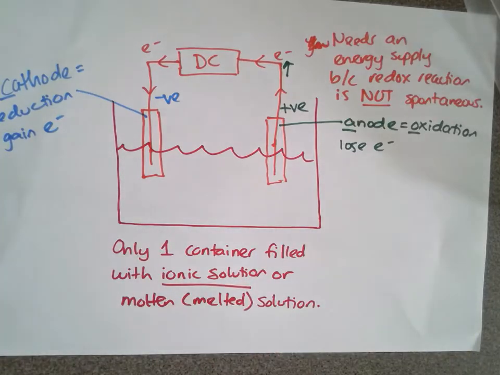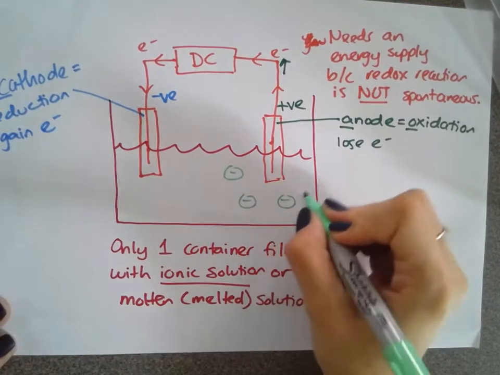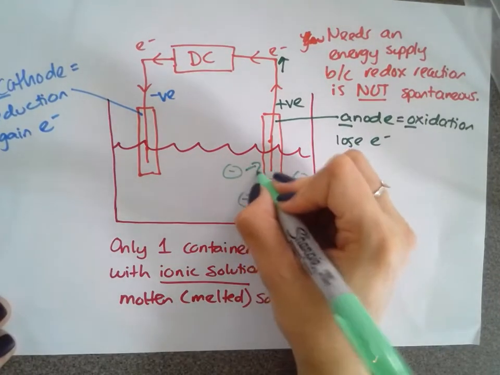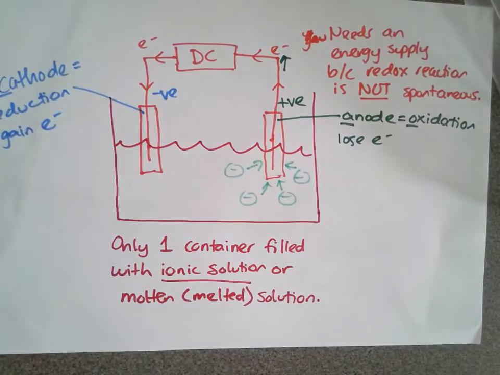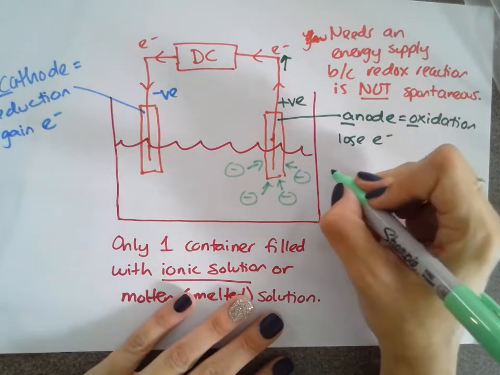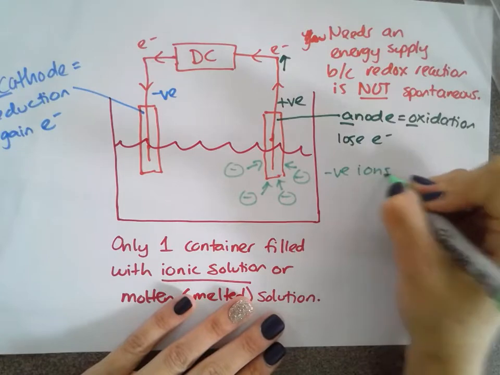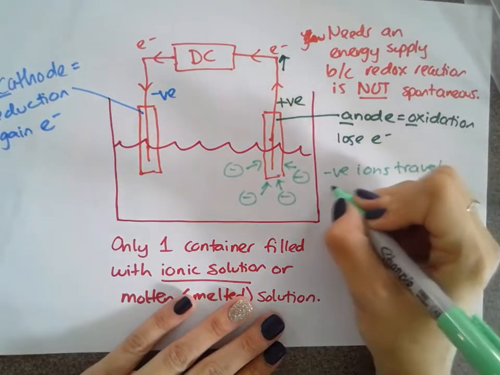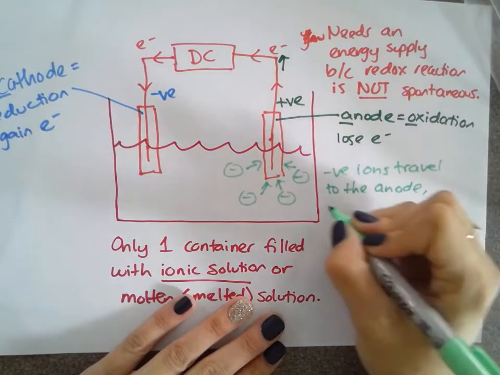My negative ions are going to go towards the anode, and they're going to be oxidized. So what's going to happen at this step is that negative ions travel to the anode, where they will be oxidized.